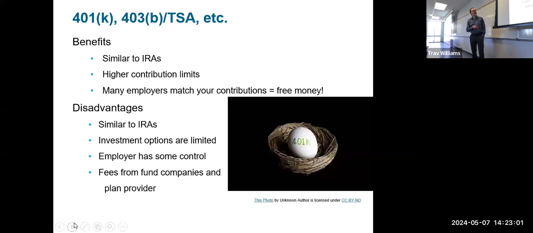So what are the downsides of these 401ks? Well, there are costs involved. The 401k provider charges fees. Usually the investments that you can choose in a 401k are mutual funds, basically where you're buying into a fund that's made up of stocks and bonds, which is kind of nice because it's already diversified for you.